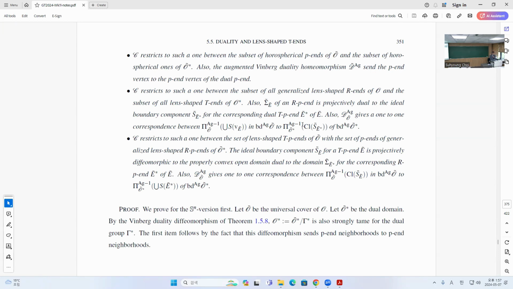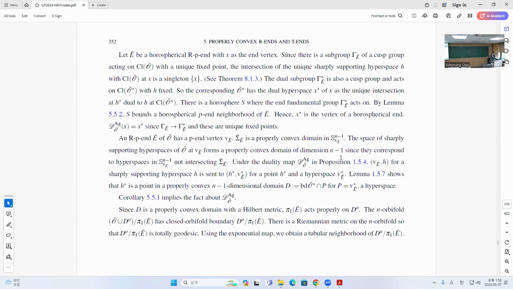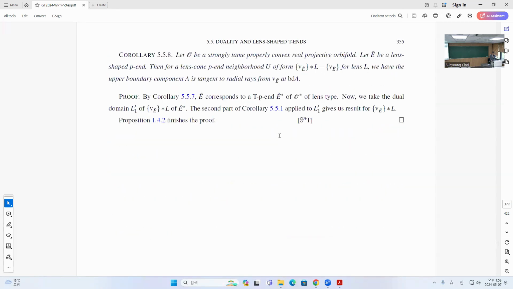This is technical, and of course there's a correspondence between lens-shaped TPN and the lens-shaped RPN, and the ideal boundary component of TPN is projectively diffeomorphic to the projective convex domain dual to this one for the RPN. So RPN has a linking projective structure, so their structures are also dual to each other. Okay, so that's again what's happening. So again, you have to follow through what the duality means and so on.